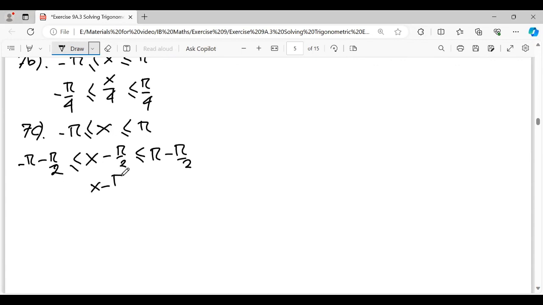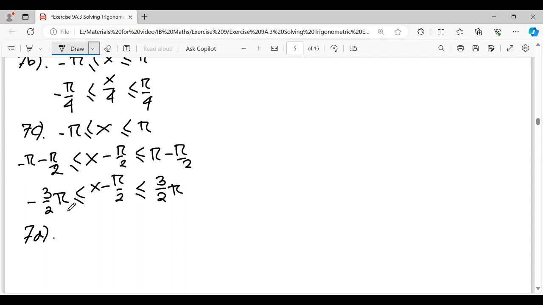So x minus pi over 2 becomes negative 3 half pi, and this one 4 minus 1, 3 half pi. Okay. This is, sorry, negative 2. Yeah, correct.